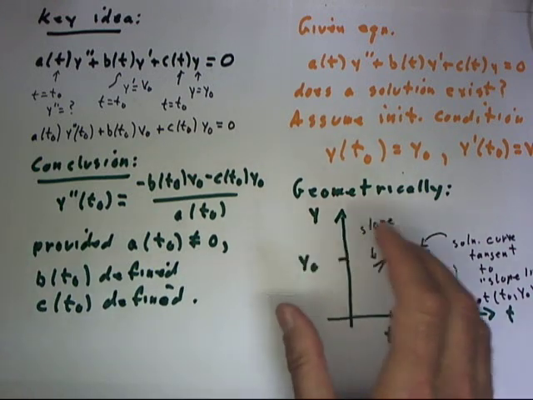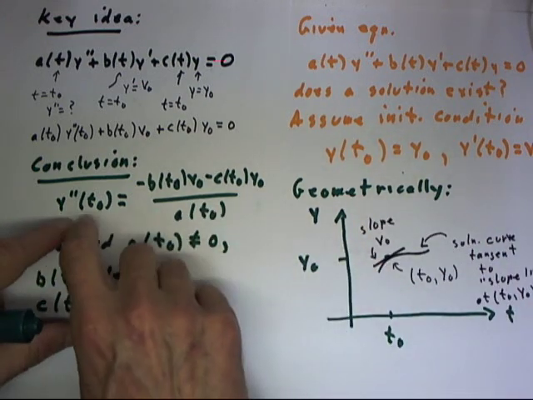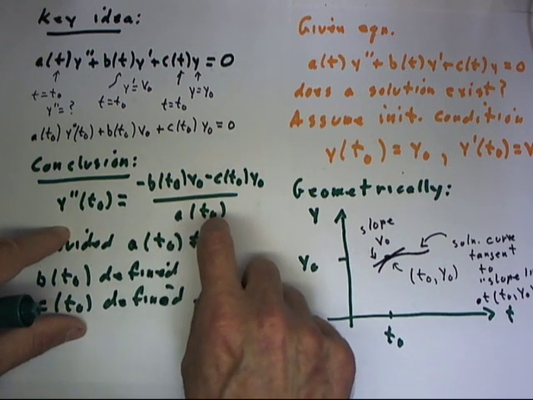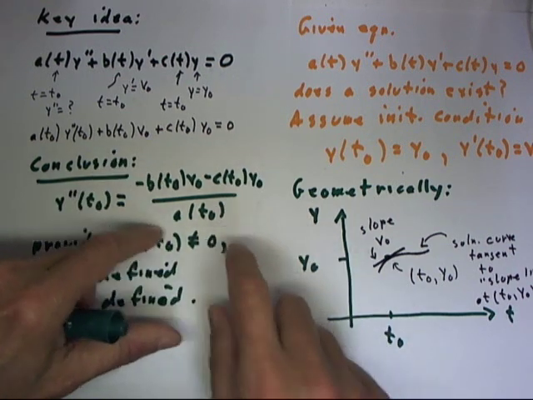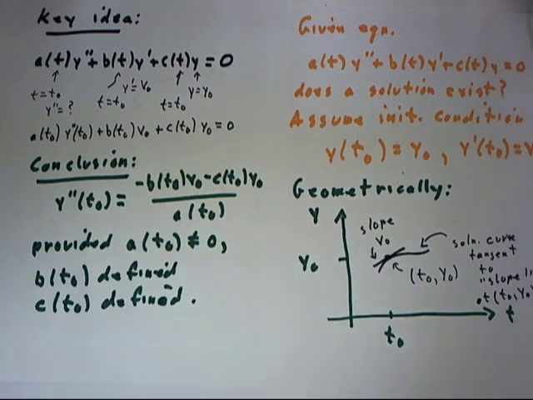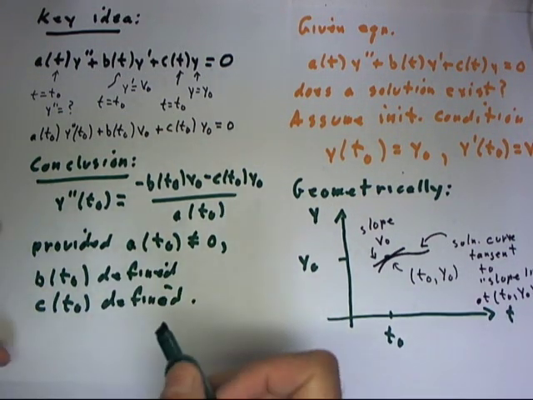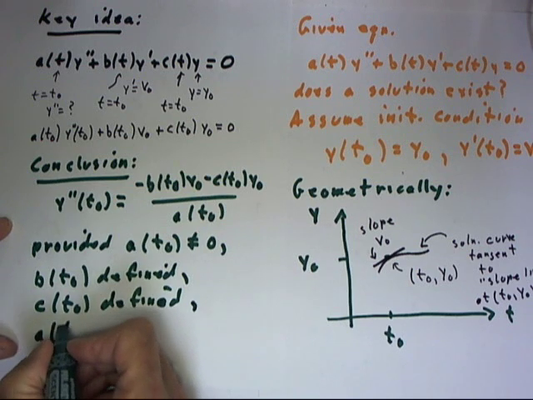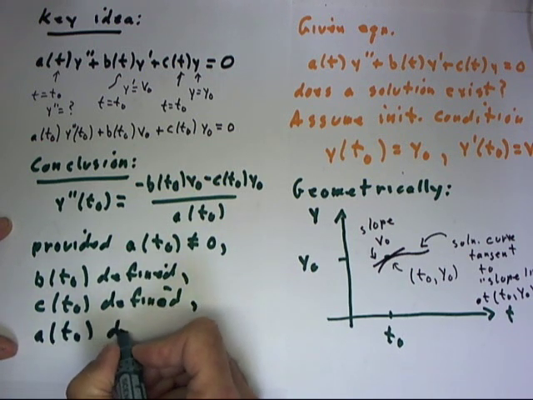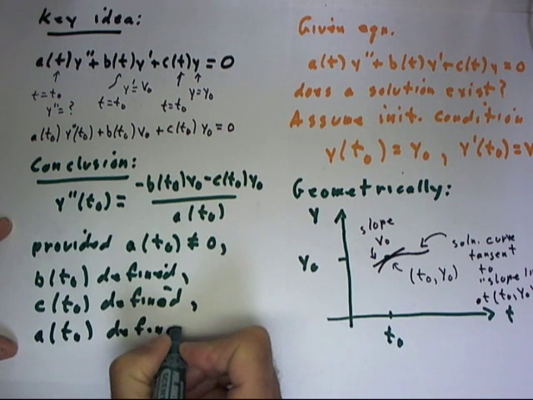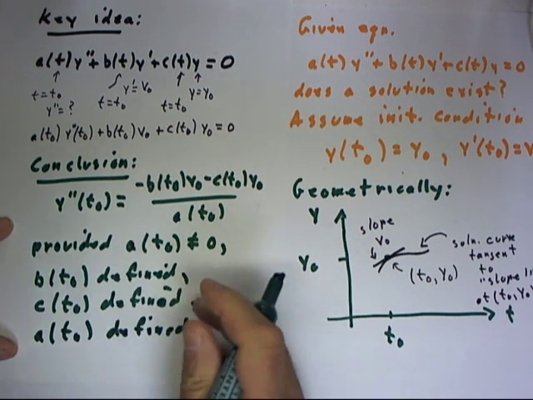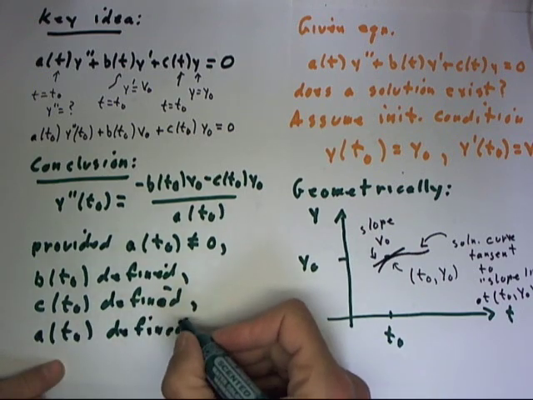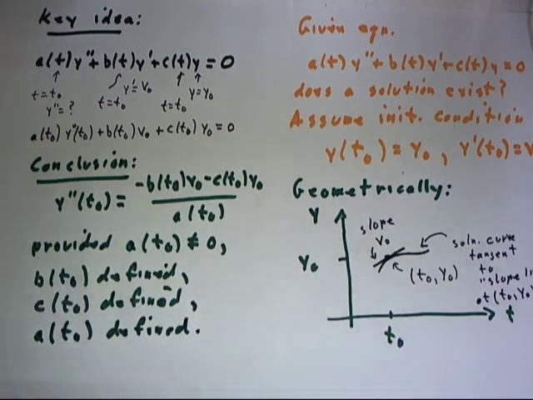And we also have a non-starter if solving for y double prime of t naught gives us a 0 in the denominator of this expression. And we should mention that a of t naught also has to be defined. It's not sufficient that a of t naught be non-zero. It also has to be something we can compute, something that is defined.